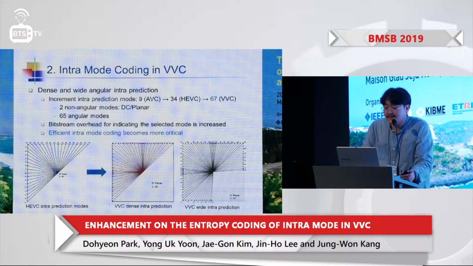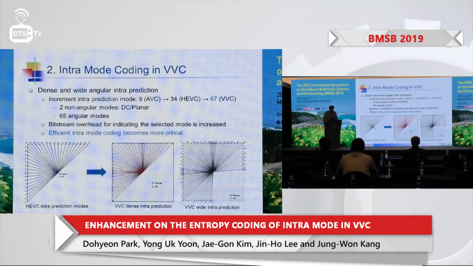JVET has extended the Intra prediction modes for VVC. For example, JVET adopted the 67 intra prediction modes to provide more dense and wide angular intra prediction. H.264/AVC and HEVC support 9 and 35 intra prediction modes respectively.